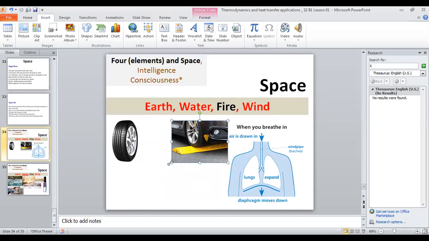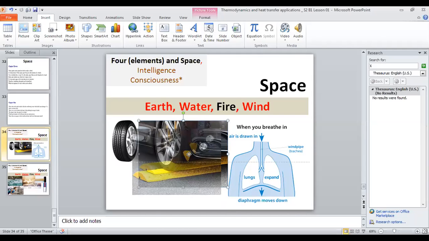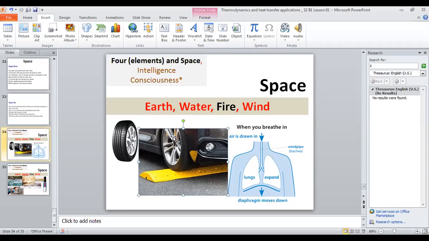When the tire is moving over the hump, you can see the tire has some contraction. And after moving out of the hump, again this expands. So the wind quality is still there in the tire, but it looks more earthy now. Yeah, it looks more solid.